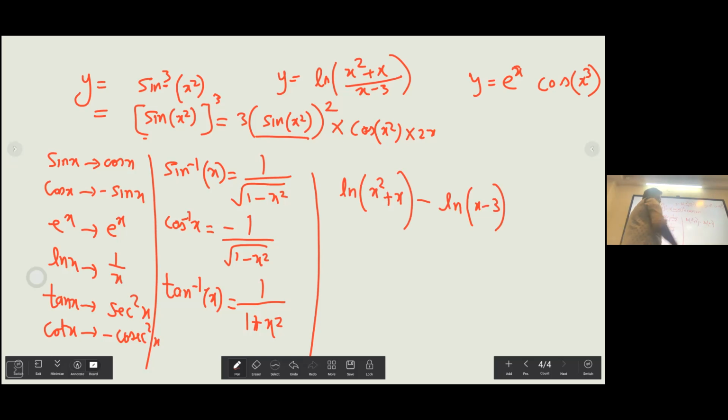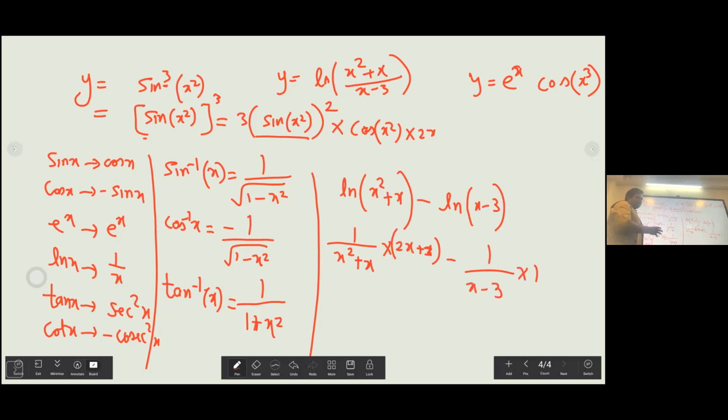Now you take the derivative of this. It is 1 upon (x squared plus x) times (2x plus 1). So the derivative of ln f(x) is 1 upon f(x) times f dash x, minus the derivative of ln (x minus 3), which is 1 upon (x minus 3) times 1.